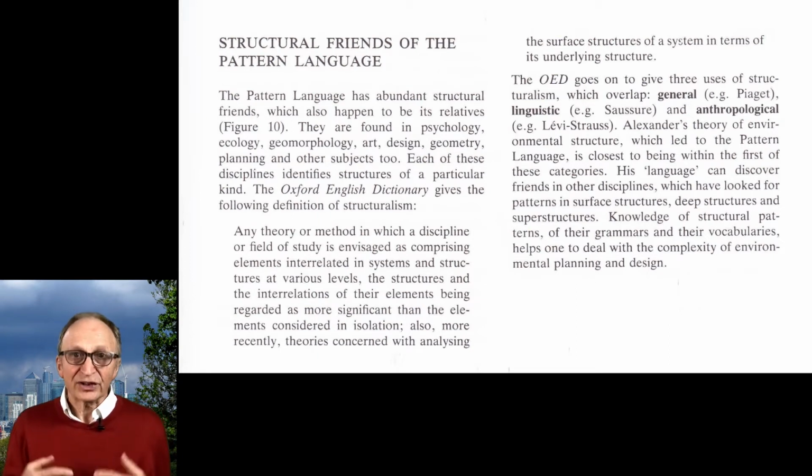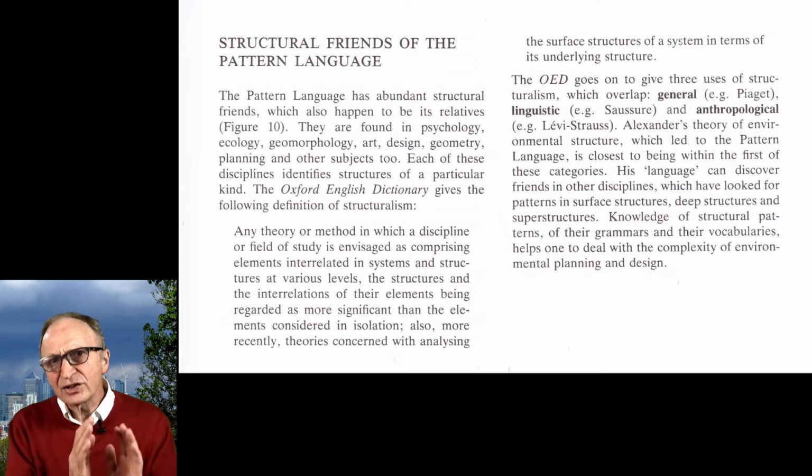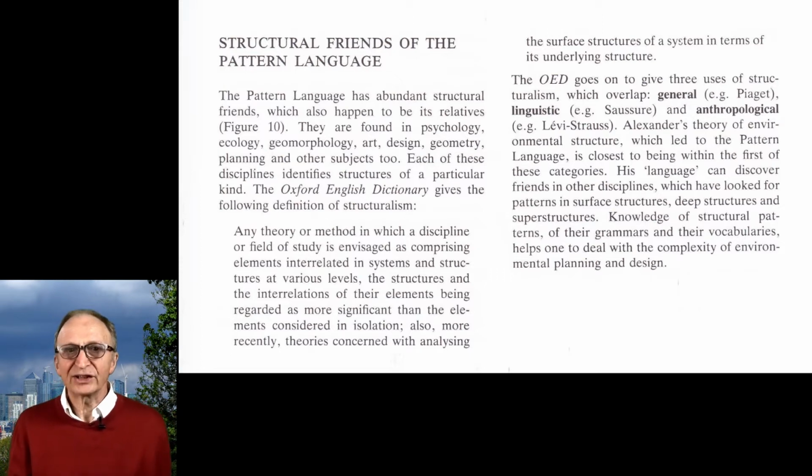Christopher Alexander's theory of environmental structure, which led to his developing the pattern language, is close to being within the category of general structuralism. His use of the term language signifies that the patterns can discover friends in disciplines which have looked for patterns in surface structures, deep structures, and superstructures.